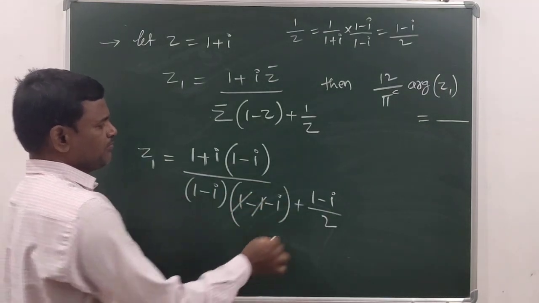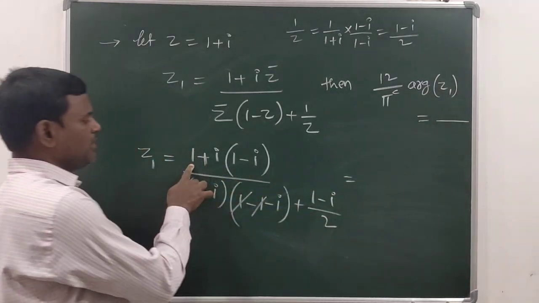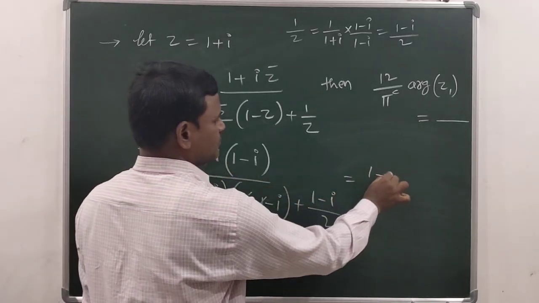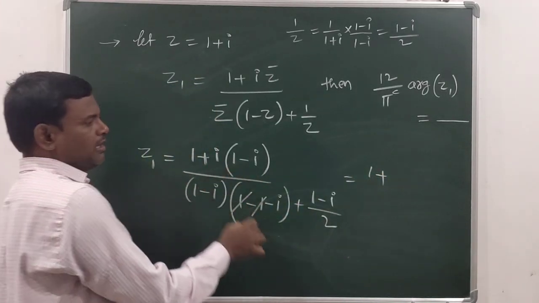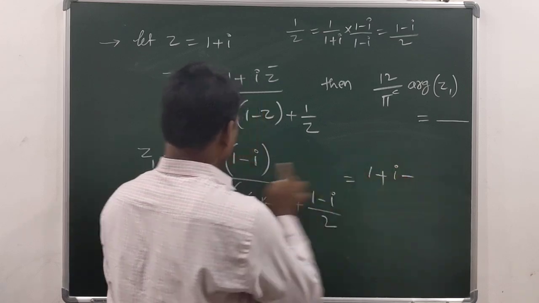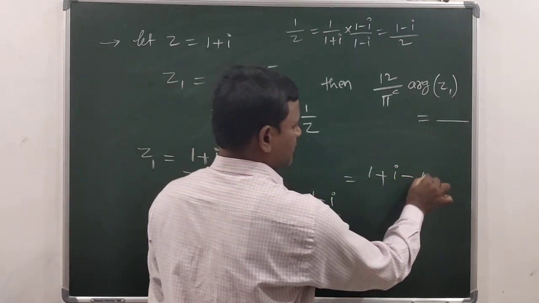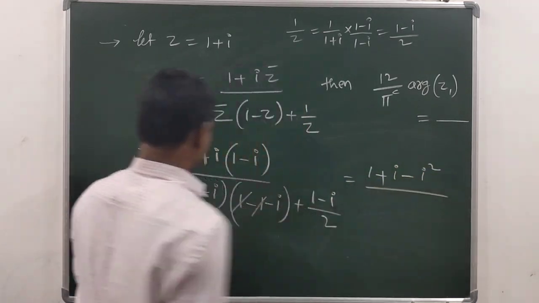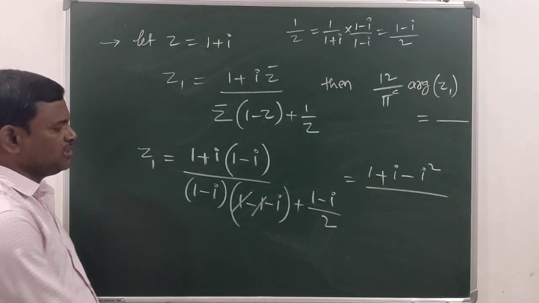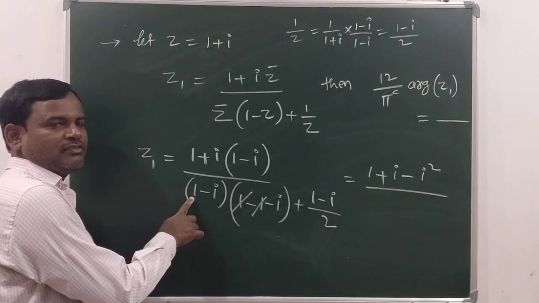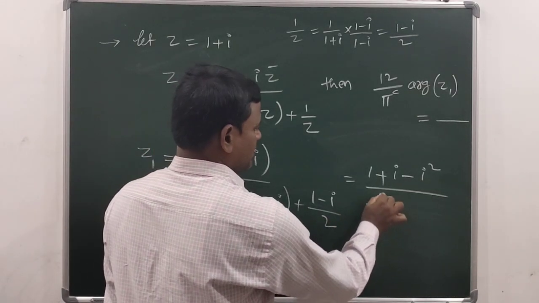Now simplify. 1 plus i into 1 is i, then i into i is i square, whole by. Now here what is left? Minus i, minus i with 1, minus i.